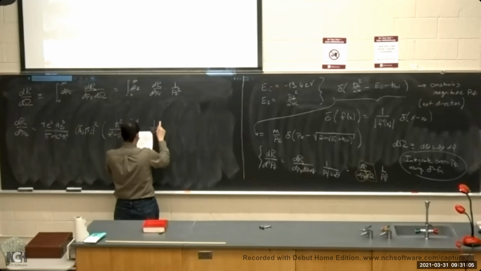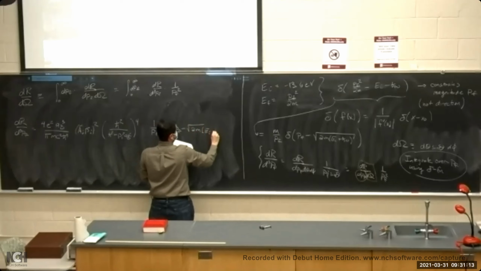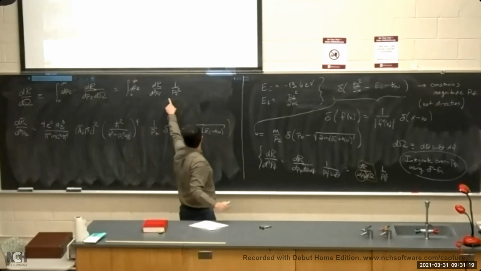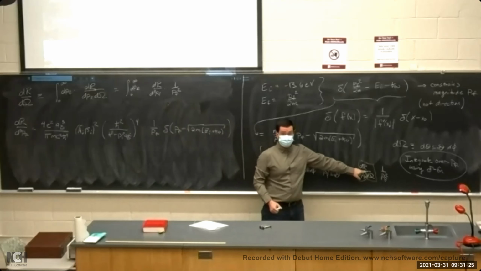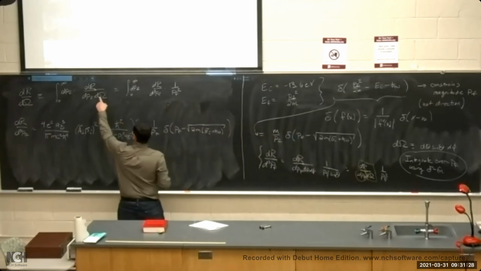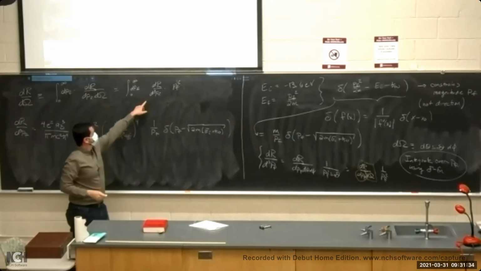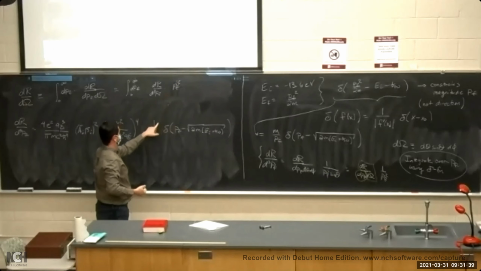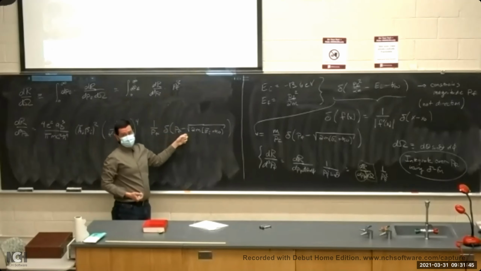I think I put my factor here backwards. Yeah, sorry, I put my PF in the wrong place here. dR d3 PF is 1 over PF squared dR d omega. So dR d omega is PF squared times dR d3 PF. That's better. So I have 1 over PF here. I'm going to multiply by PF squared. That's going to cancel this denominator and give me a factor upstairs. And then I'll integrate over PF, and I'll pick up the delta function.